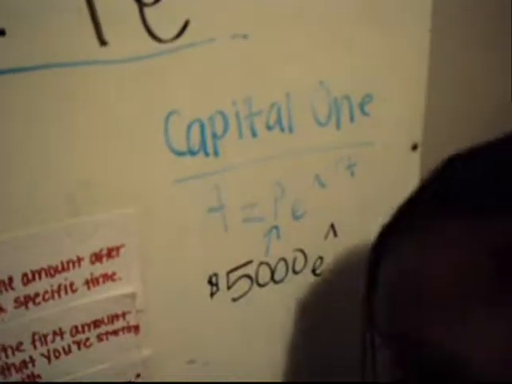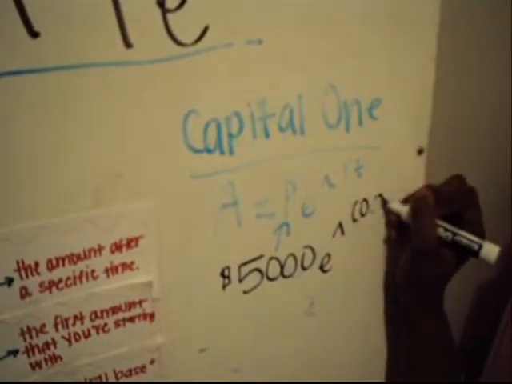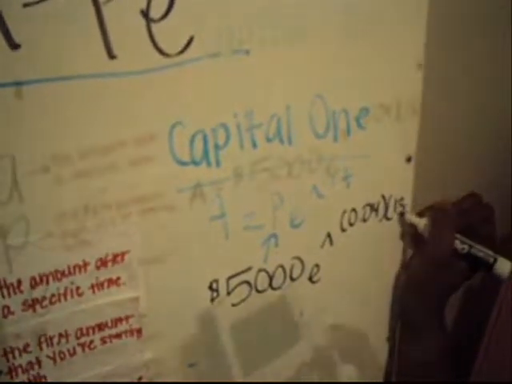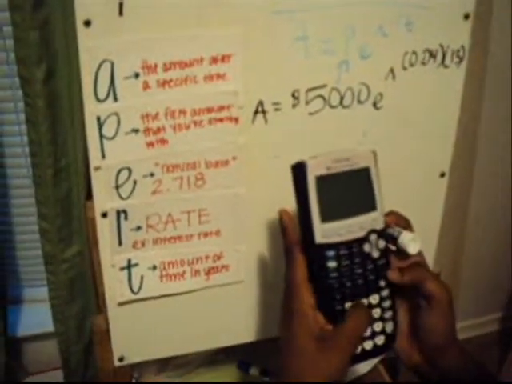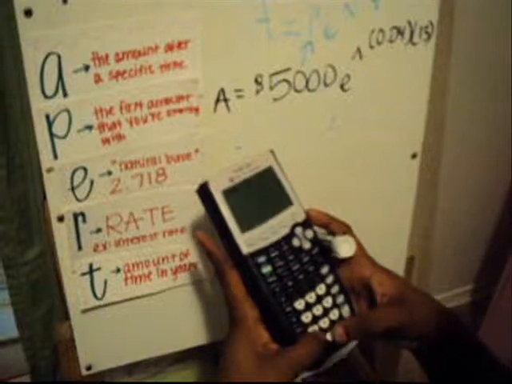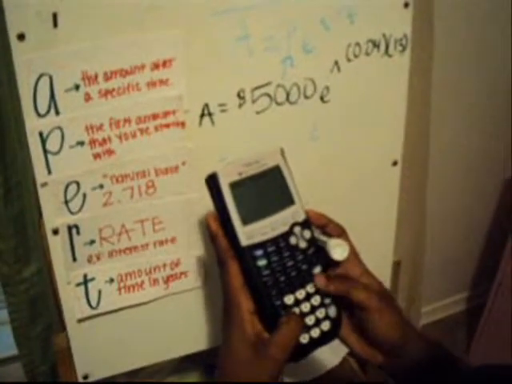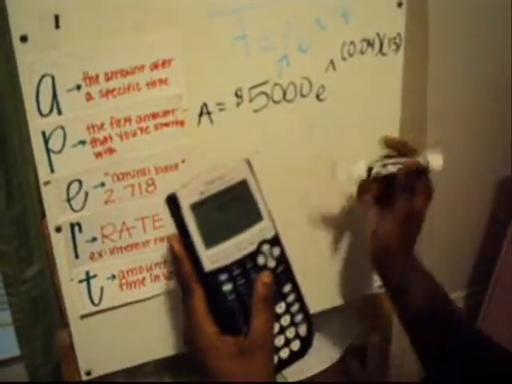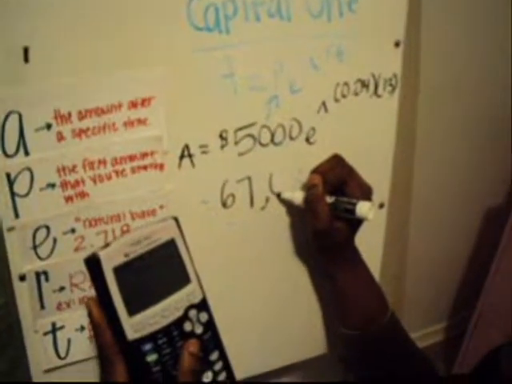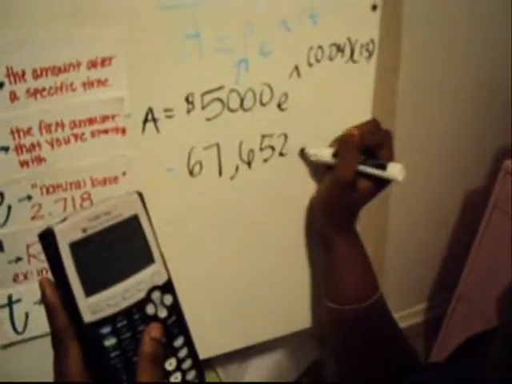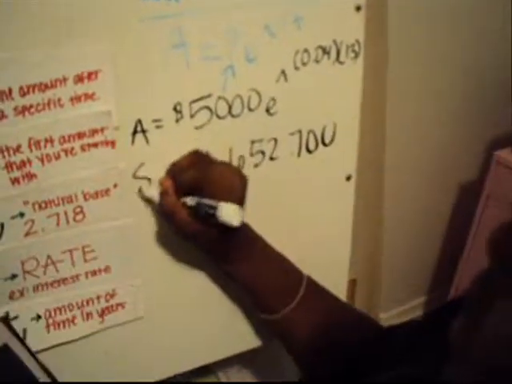Your interest rate now for Capital One is 0.04, and your T stays the same, 13 years. And you do the calculations, 5,000 E to the power of 0.04 times 13, and you should get $67,652.700.